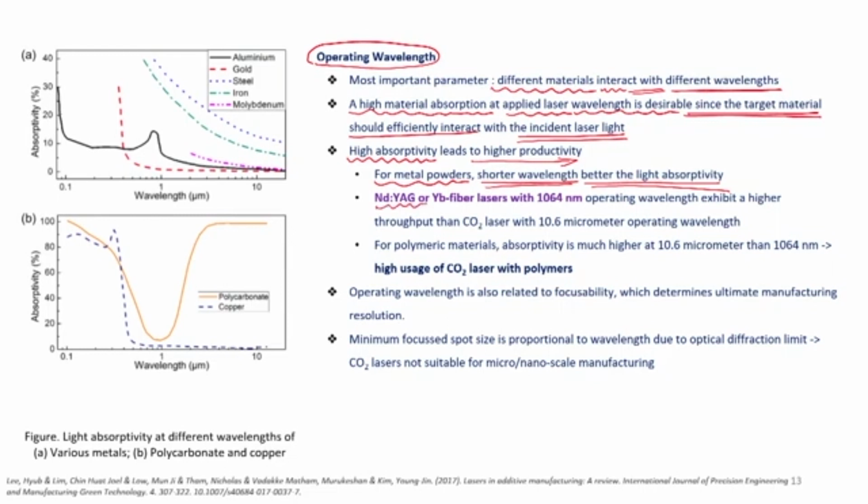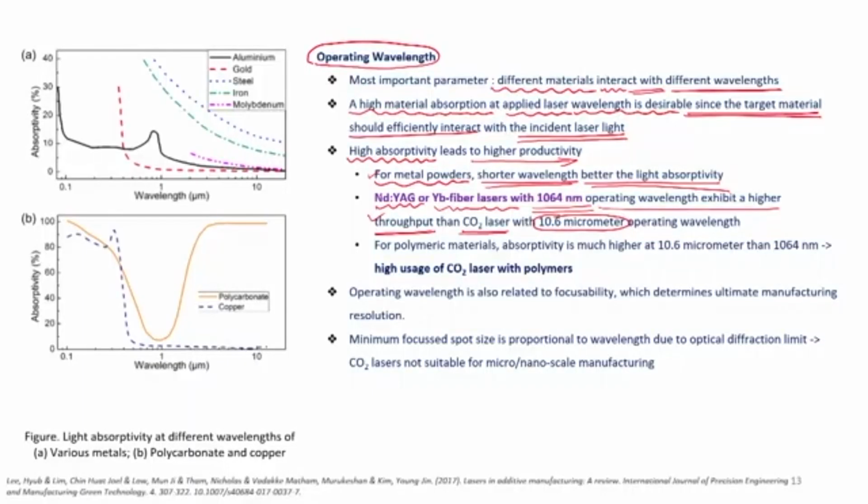In general, the Nd:YAG lasers or Yb fiber lasers with a wavelength of about 1064 nanometer are exhibiting a higher throughput in comparison with the CO2 laser. So CO2 gas laser, the wavelength is very high, it is about 10.6 micrometer, and such CO2 lasers are not that useful for processing materials that need shorter wavelengths.